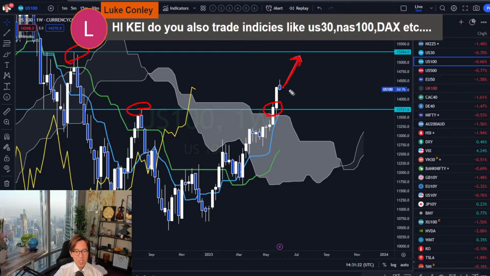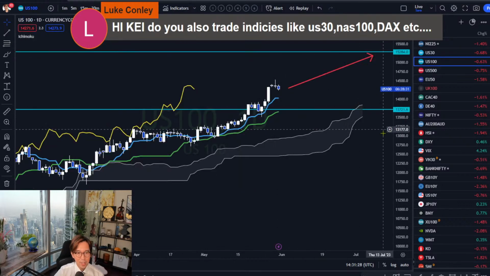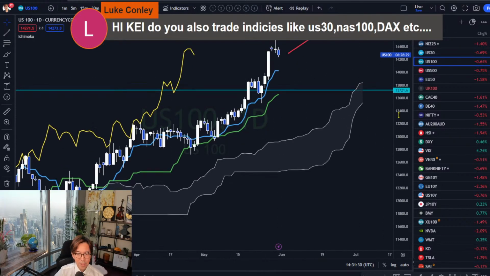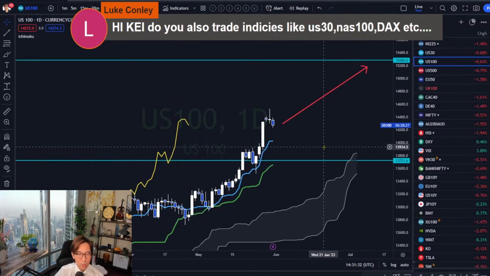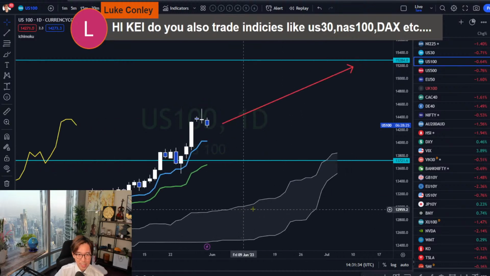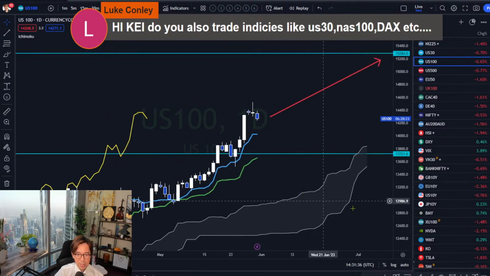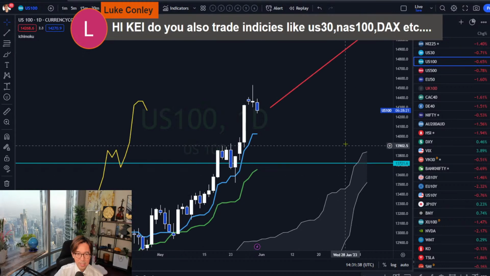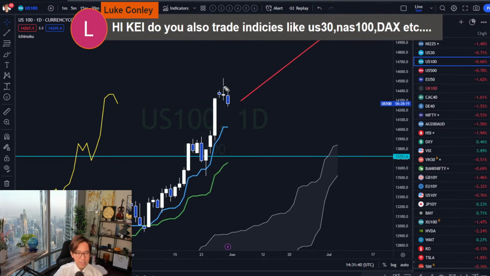But so far this week, it's retracing because we have a bearish bar on the weekly chart. And if you look at the daily time frame, now there's a doji reverse. So this is a typical reverse pattern in terms of the candlestick.